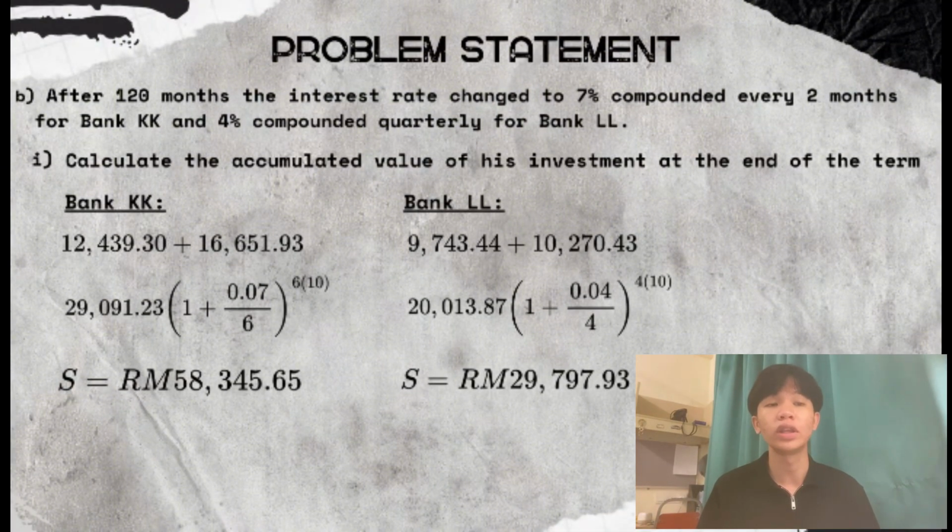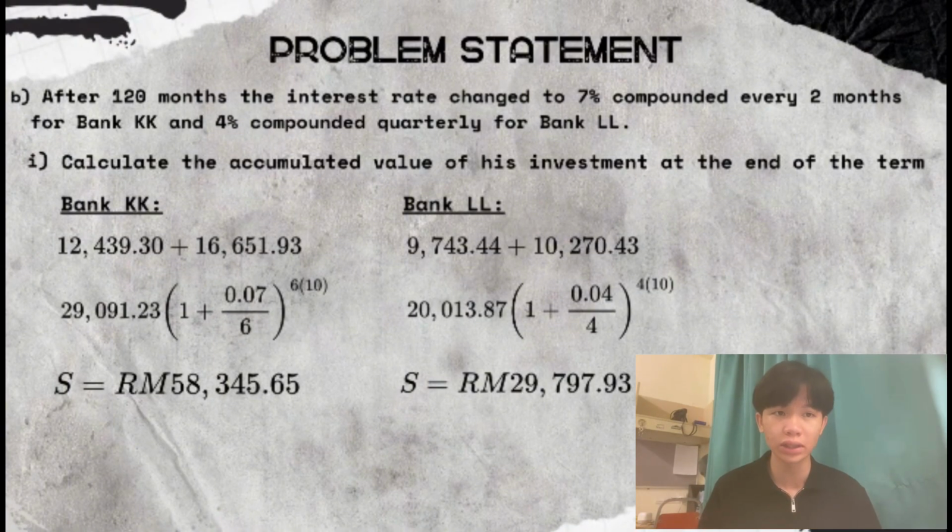Now for question B. After 120 months, the interest rate changed to 7% compounded every 2 months for Bank KK and 4% compounded quarterly for Bank LL. Question B, Part 1 asks us to calculate the accumulated value of his investment at the end of the term. From Bank KK, as you can see from the answer on the previous slide, you have to add the total interest of the first 10 years, which is 16,651.93.